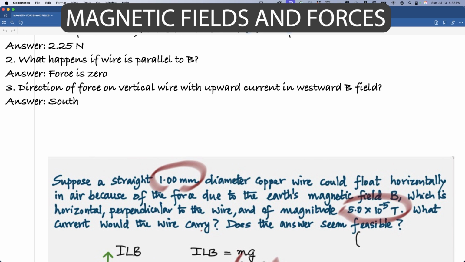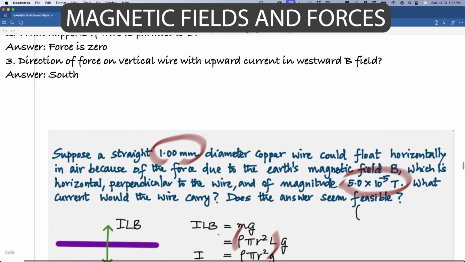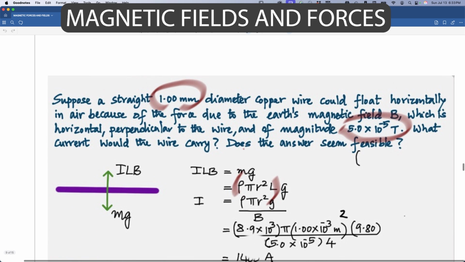You know why? Because in order for it to float, it should balance its weight. The weight, mg, should be balanced by the force due to the current. So you can see it from the diagram. And then when you make I the subject, you get all this. Another thing I've done is mass. Mass is what? Volume times density.